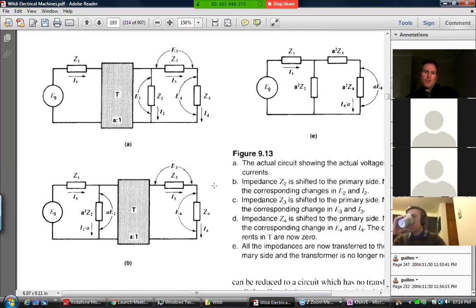What they explain though is that when we take something from one side and shift it over, let's take this one, from this side, here it's easy to see. What voltage would this thing have seen? It would have seen the secondary voltage, between those two terminals. When we make the shift, suddenly it sees the voltage that would have been seen here on the primary side. And we know that that voltage is different by the turns ratio, A.